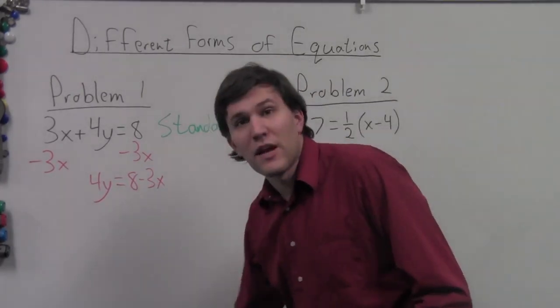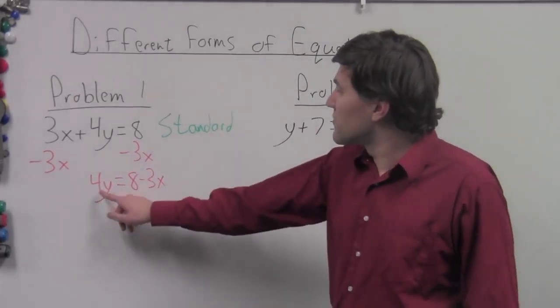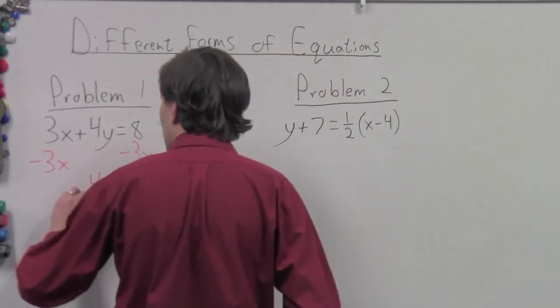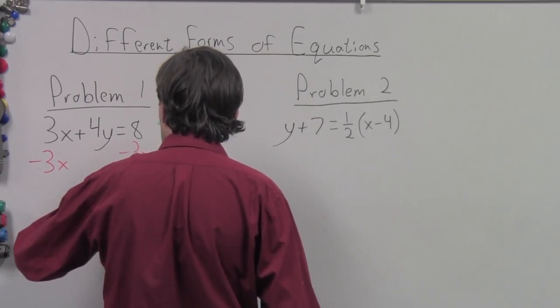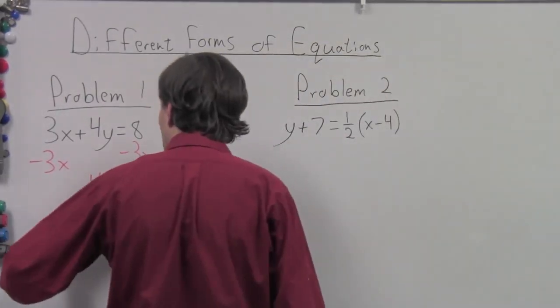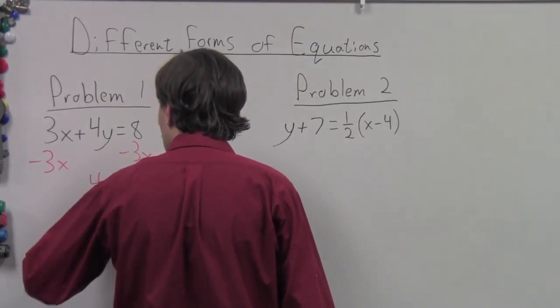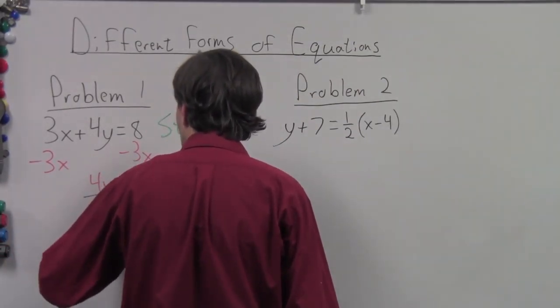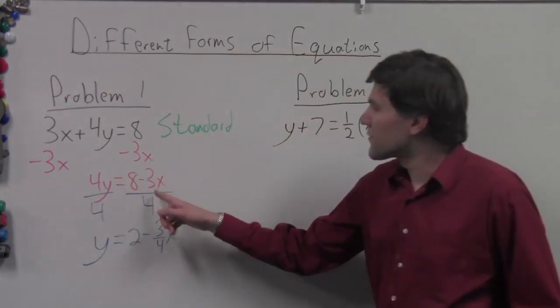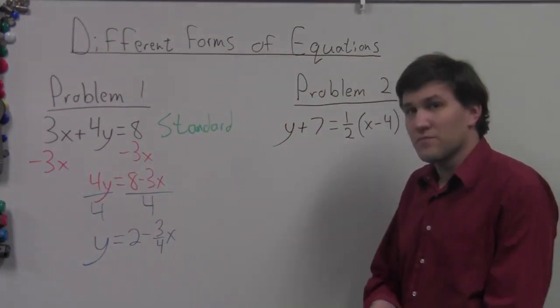Our next step to get y by itself is to divide both sides by 4. So we're going to divide by 4 on this side and divide both parts of this side by 4. 4y divided by 4 is y. 8 divided by 4 is 2. And we rewrite this as negative 3/4 x.